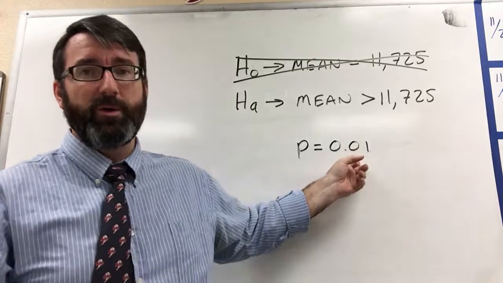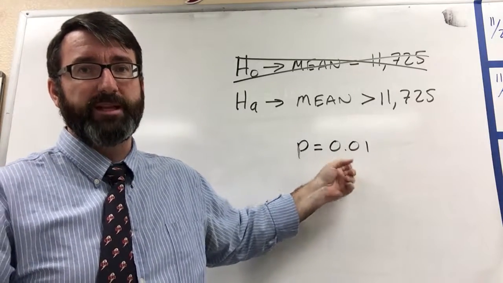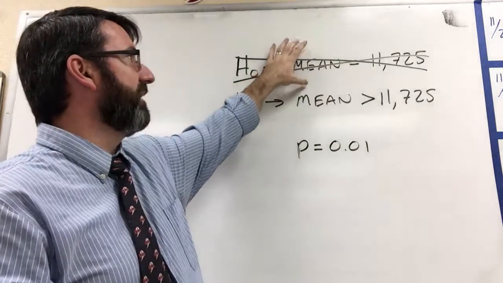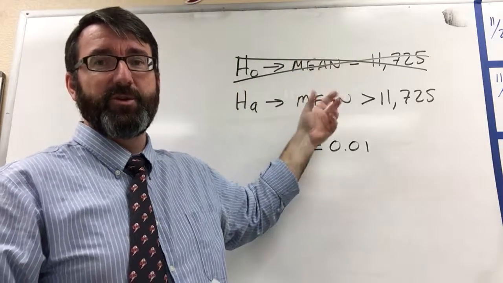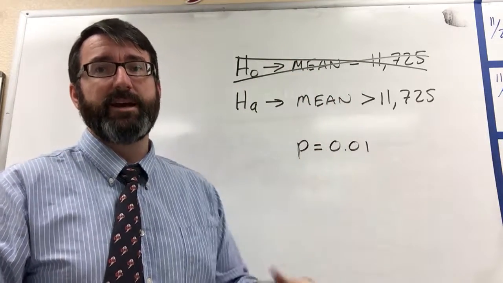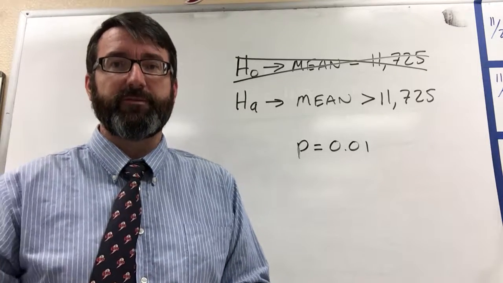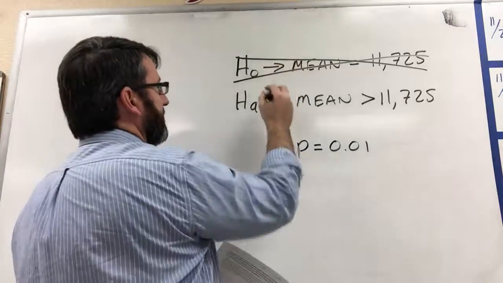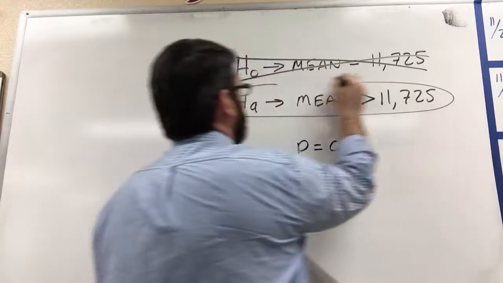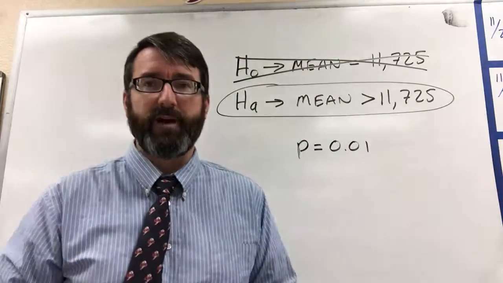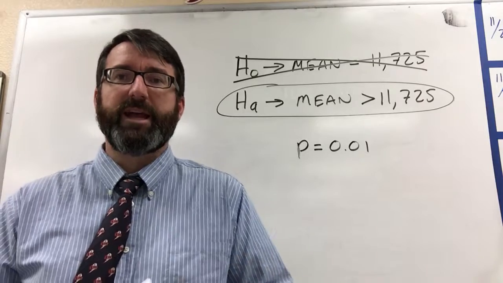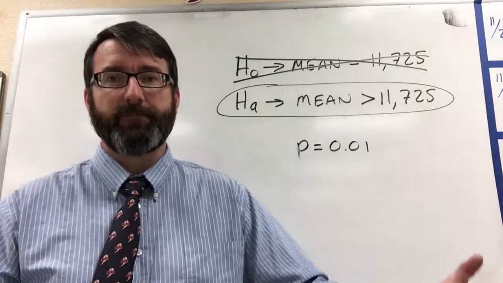There's a very low, only 1% probability that this null hypothesis is true, and we just by coincidence got the results that we got of a mean annual mileage of 12,000 miles. So we're going to reject the null hypothesis. We're going to accept the alternative hypothesis that the mean annual mileage is actually higher.